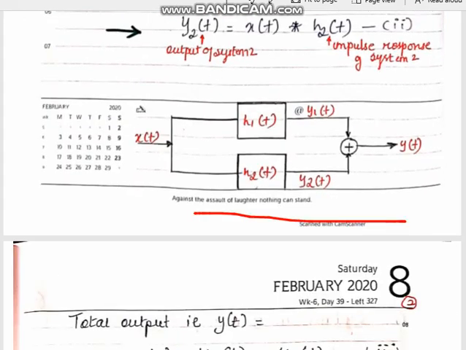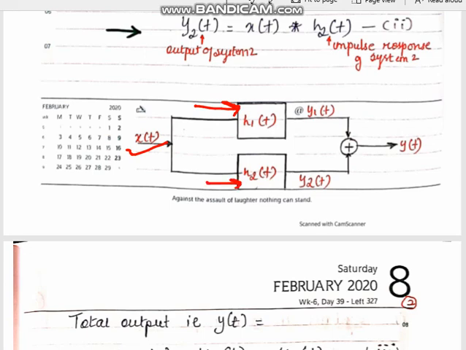So you will have two systems. The first system will have impulse response h1 of t, and the second system will have impulse response h2 of t. Now see, both the systems are given the same input, x of t. So x of t is given as input to h1 of t and x of t is given as input to h2 of t.